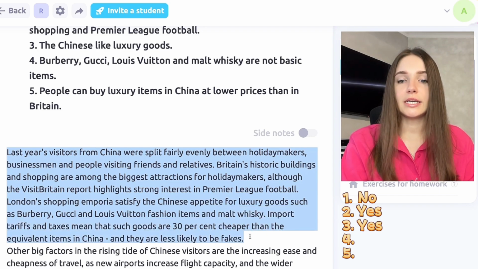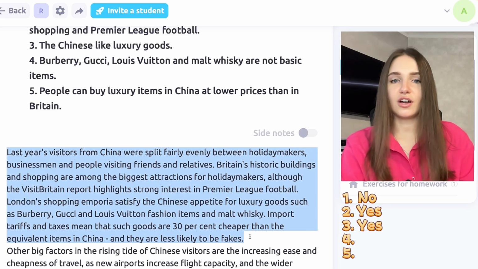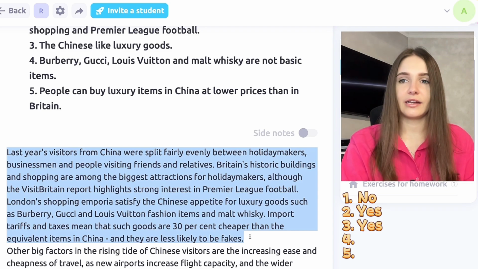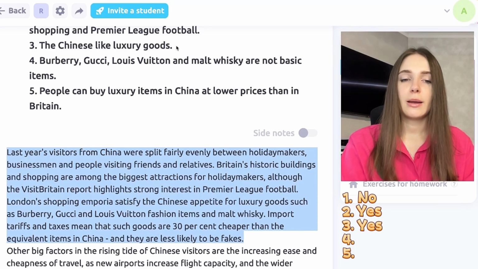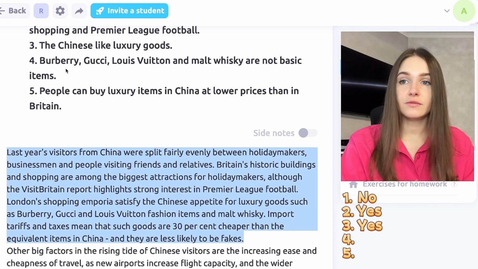We see here luxury goods, and we may start thinking that Burberry, Gucci, Louis Vuitton, and malt whiskey are not basic items, that it's yes, because we have these luxury goods here, but we also had luxury goods in the third task. So we shouldn't make a conclusion about this fourth one based on the words luxury goods being said before.